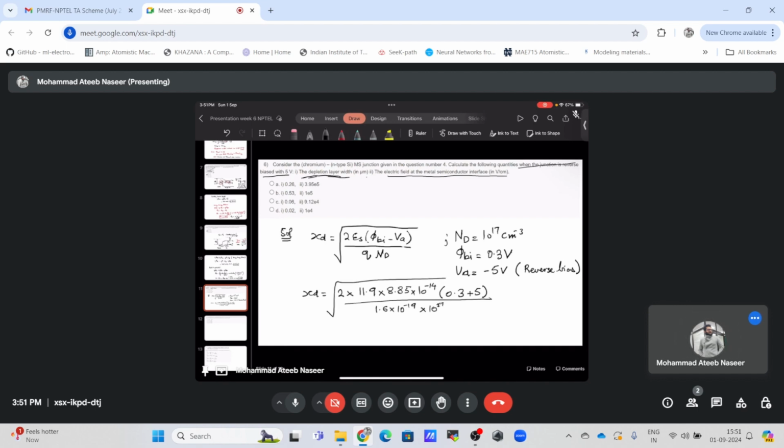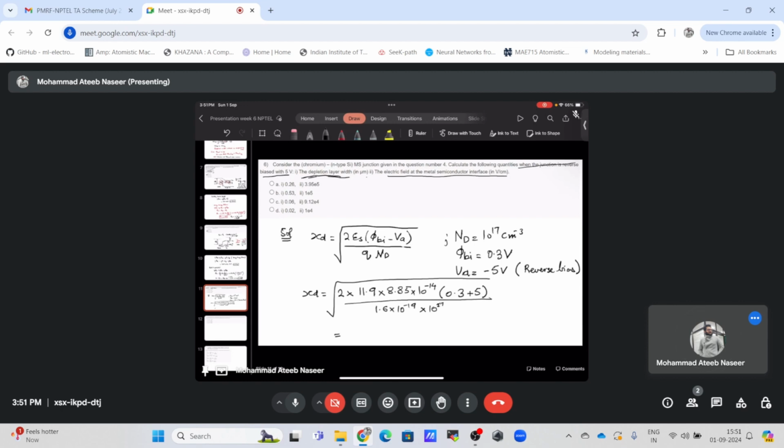Let's solve for this. It is simply 2 times 11.9 times 8.85 into 5.3, divided by 1.6, into 10 to the power of minus 14, and the 2 will go above.